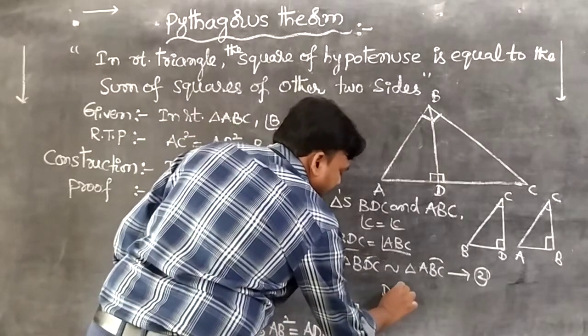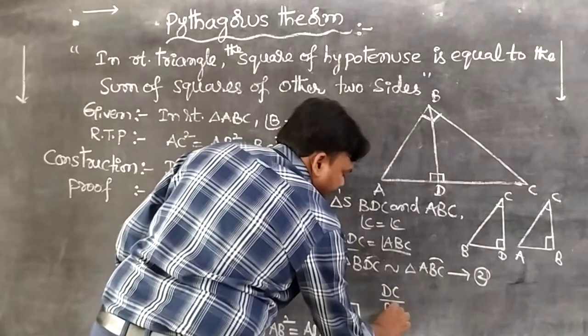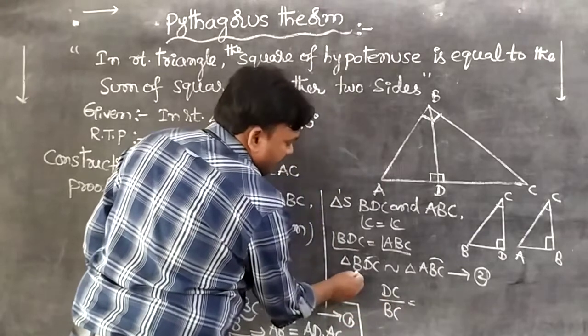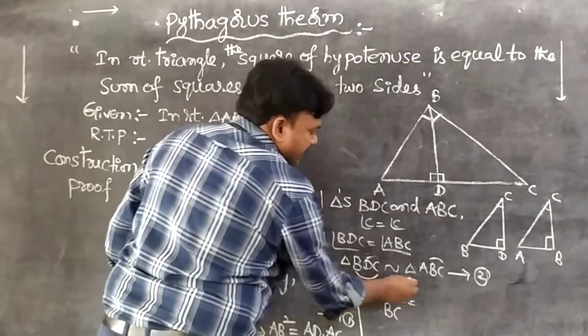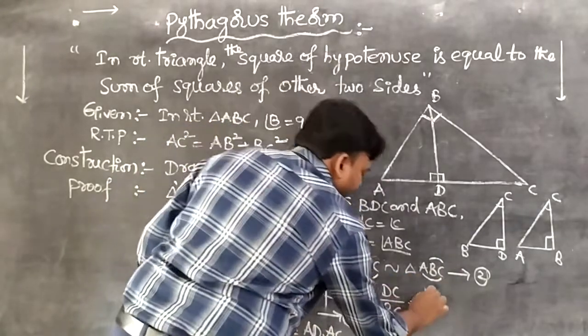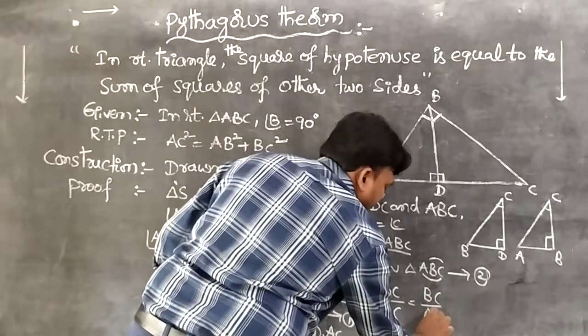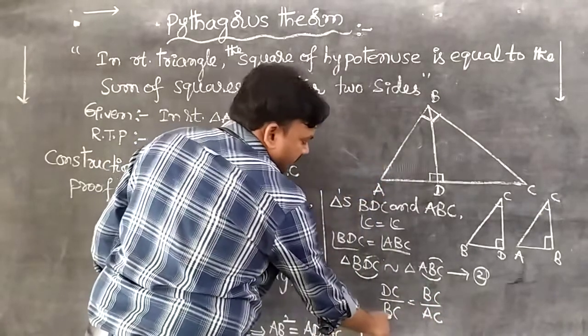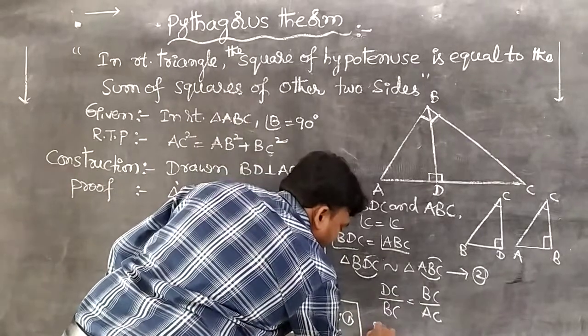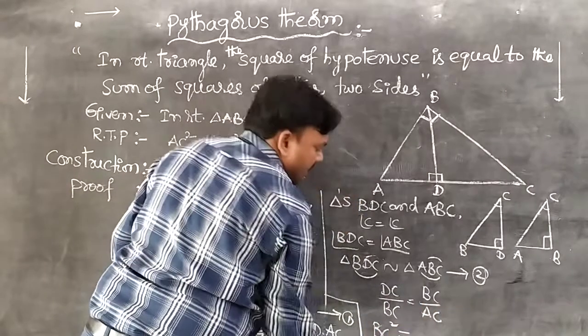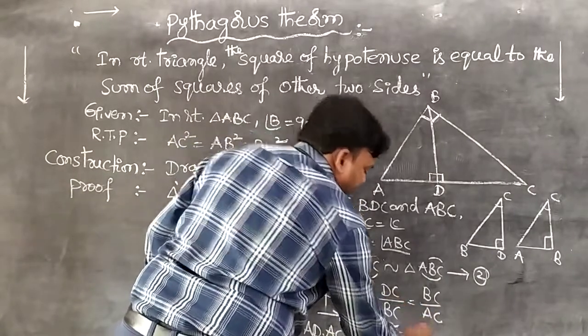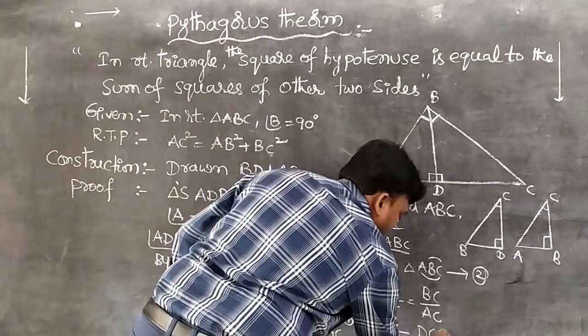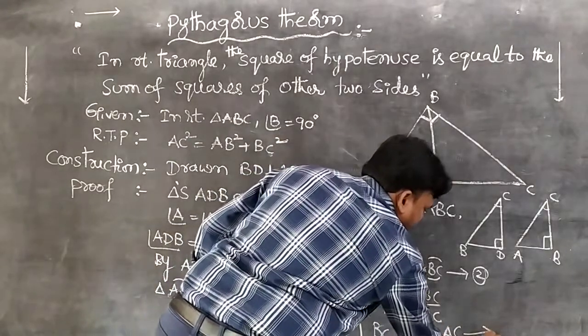We have taken DC by BC equal to BC by AC. Then cross multiplication BC into BC, BC square equal to DC into AC, which is equation number 2.